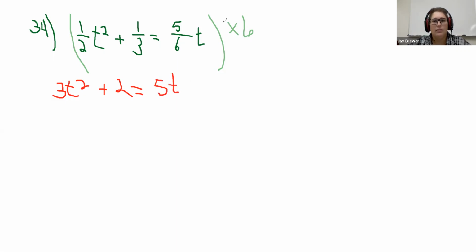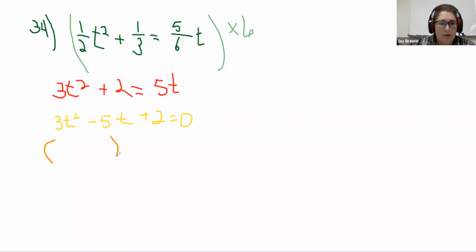Now, once you get here, you want to rearrange it so that the 5t's with the other terms. So it's going to be a minus. So now we can go straight to factoring, but this probably looks a little bit different than any factoring you've done.